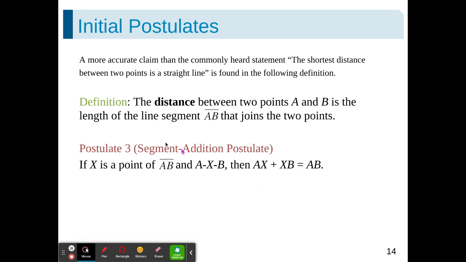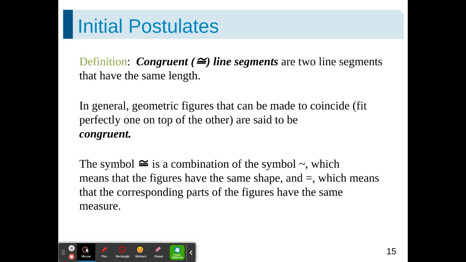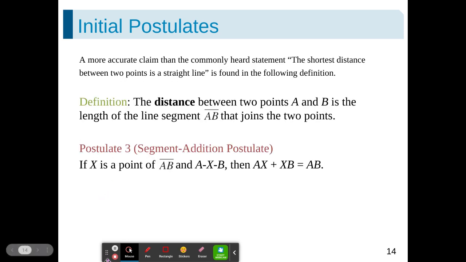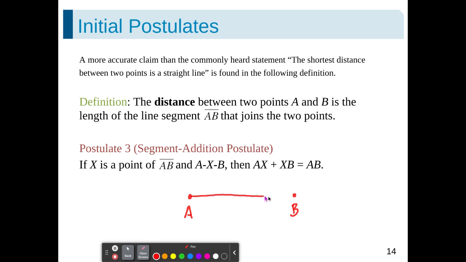So that's just this idea of segment addition, that we can break this up. If I had a line segment, let's call this A, and we'll call this B, and we draw the line across there. And then we come along and put an X right there.